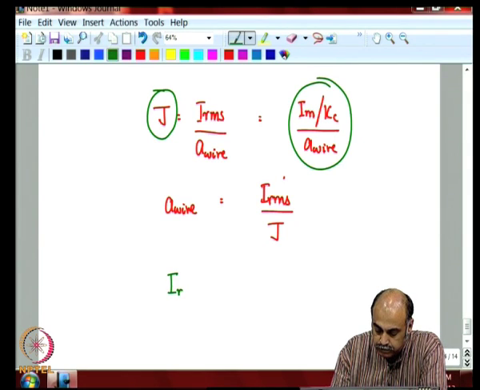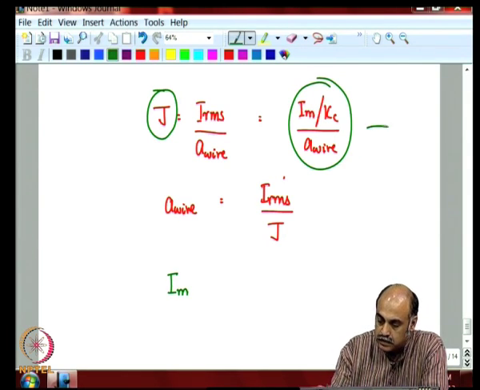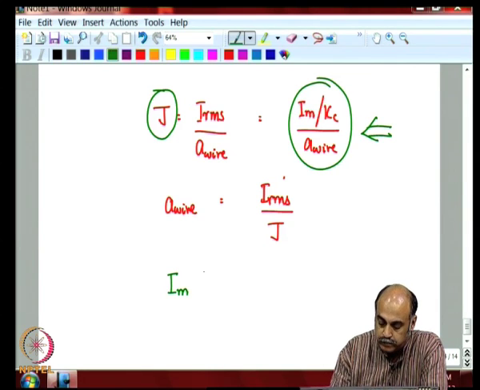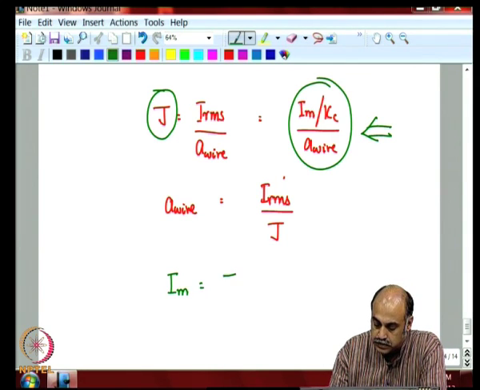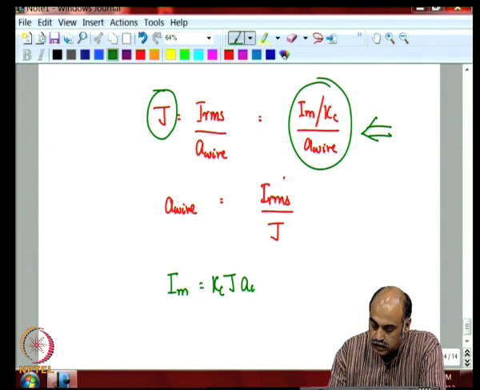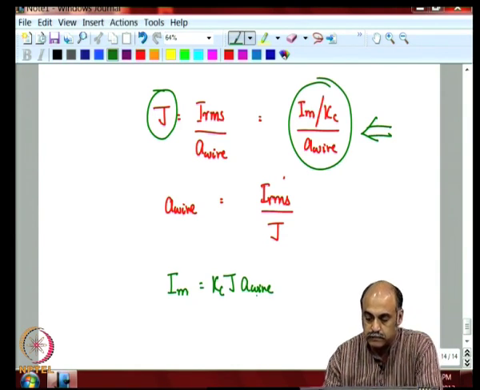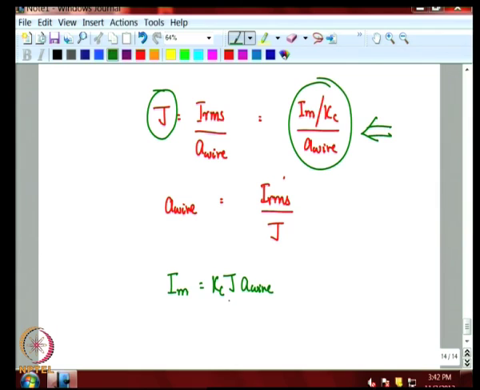Im, that is, I am referring to this equation, equals J Kc a wire. Now, this is another interesting relation that we may use.